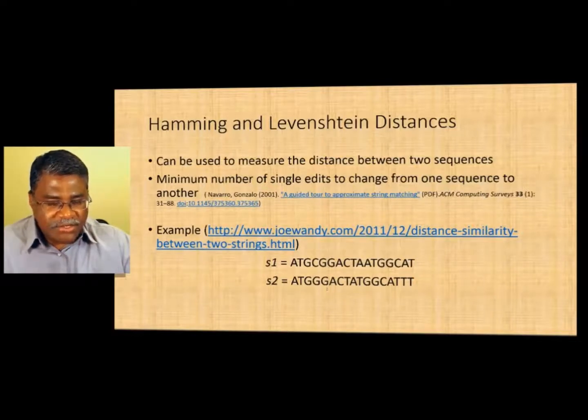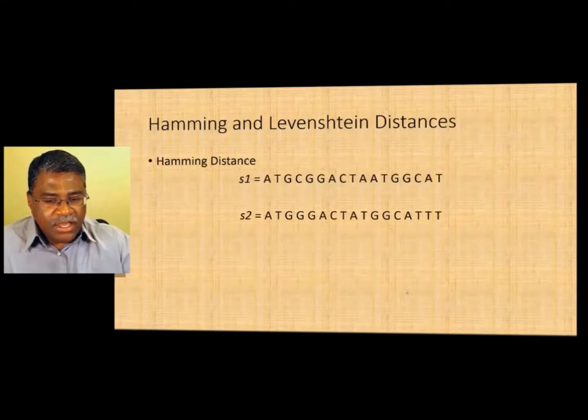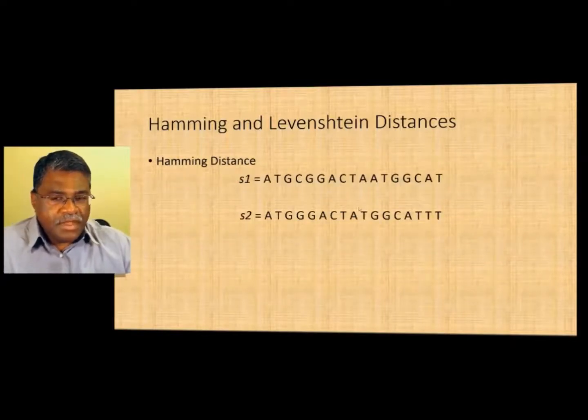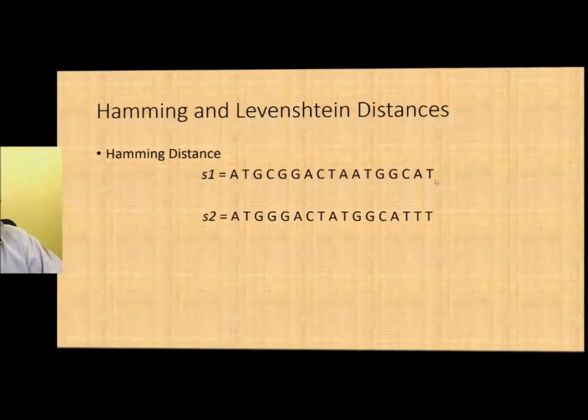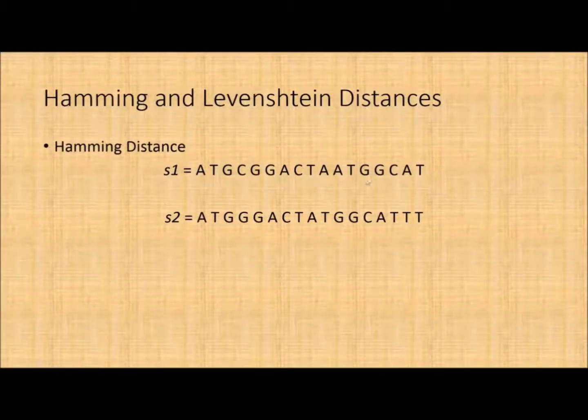Here are some examples. Here are two sequences. They kind of look the same, but let's look at what a Hamming distance is. I line the sequences up against each other. ATG is the same, the last T is the same, and everything else seems dissimilar. I find all the dissimilarities, and remember the number of edits that need to be made, which means the number of times this sequence has to be changed in order to look like the other, or vice versa.